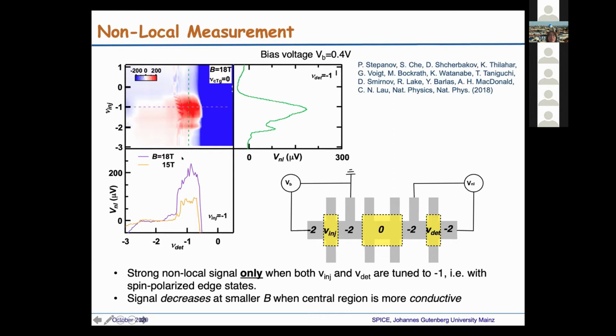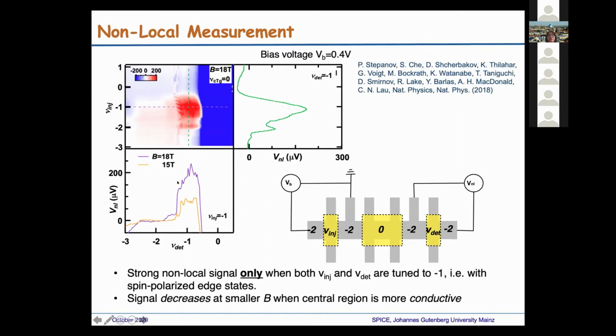And then we also have a control experiment, I guess it's not shown here, where if we turn the center region into filling factor -2, we also do not see any non-local signal.